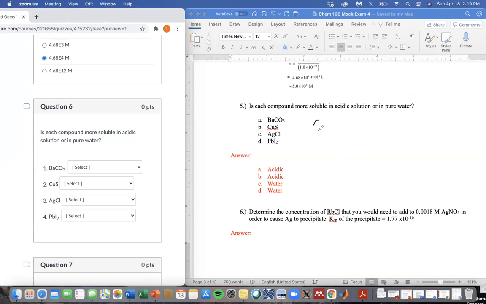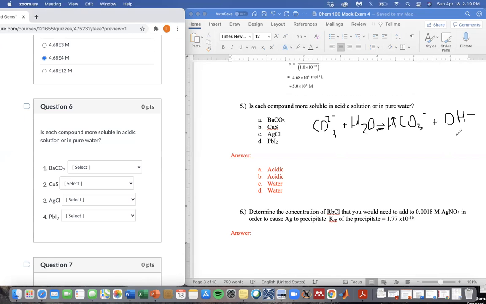And then when you have one of these weak bases with water, you're going to end up forming HCO3 minus plus OH minus. And so when you put this in water, you already have more of this OH minus in the solution than in an acidic solution.